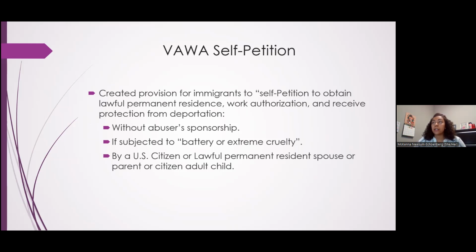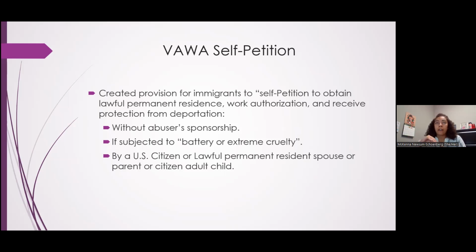But this self-petition is a way for folks to obtain lawful permanent residence, work authorization, and receive protection from deportation without an abusive spouse's sponsorship, if they can show that they were subjected to battery or extreme cruelty by a U.S. citizen or a lawful permanent resident.